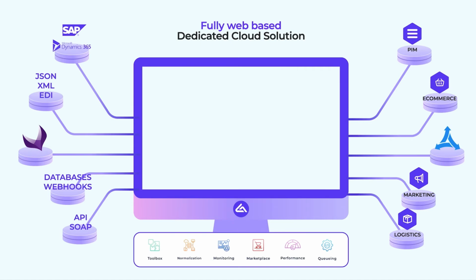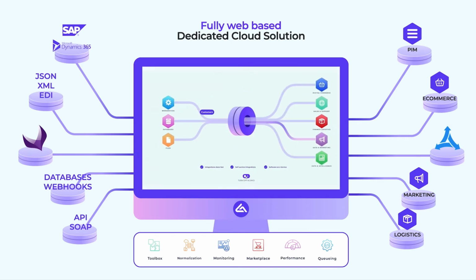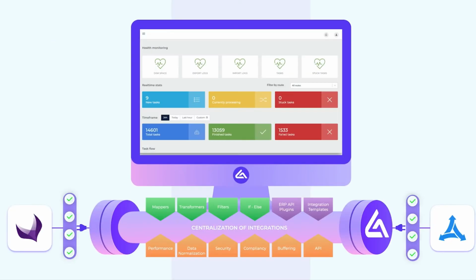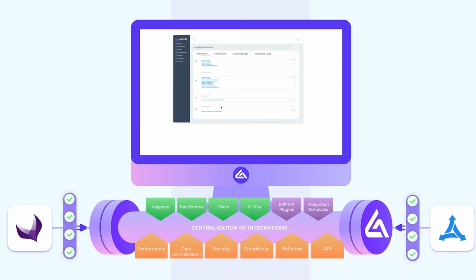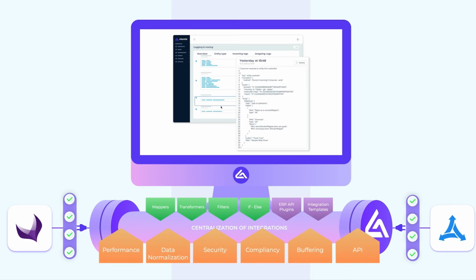To help companies avoid getting bogged down with tangled IT landscapes, Alumio's no-code integration platform organizes all your integrations in one central hub. Alumio also offers detailed monitoring and logging features that allow you to detect and resolve integration errors.